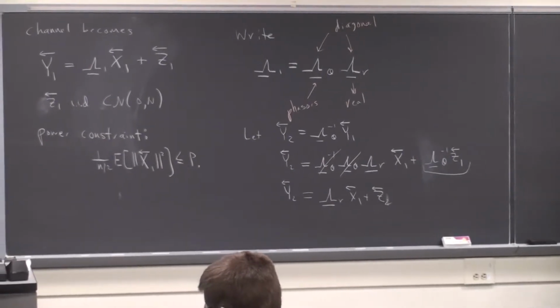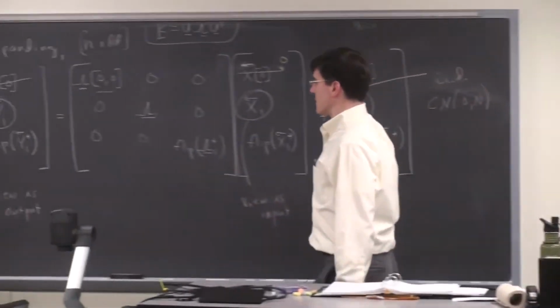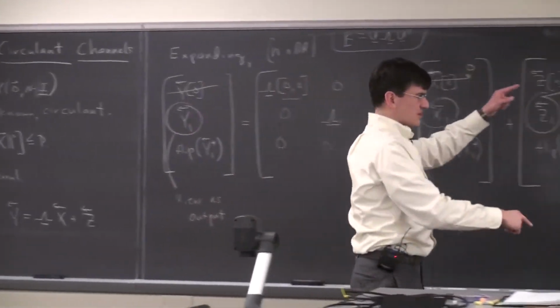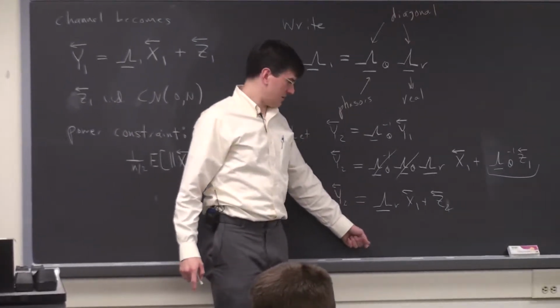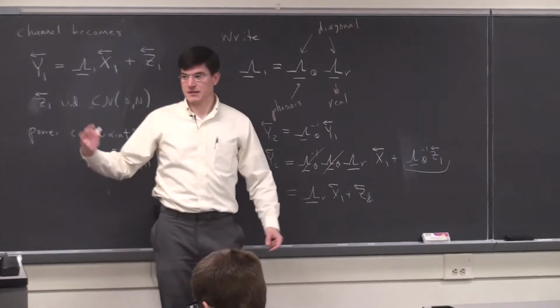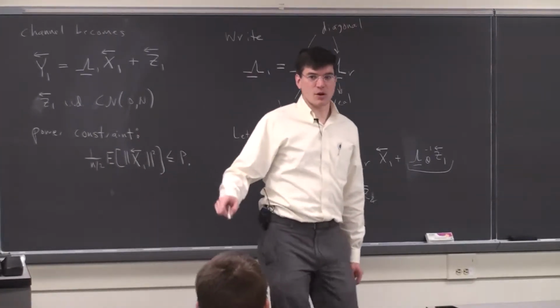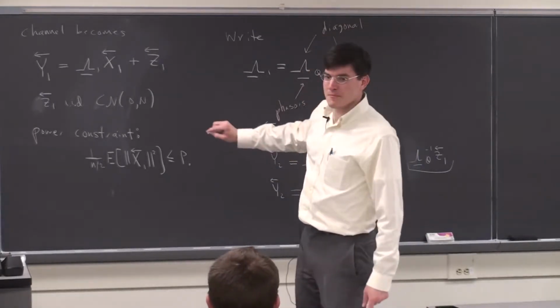So this has reduced the case of a known circulant matrix all the way down to something that we know how to solve. This is the case of a real channel with IID Gaussian noise, no ISI, and that's what we solved.